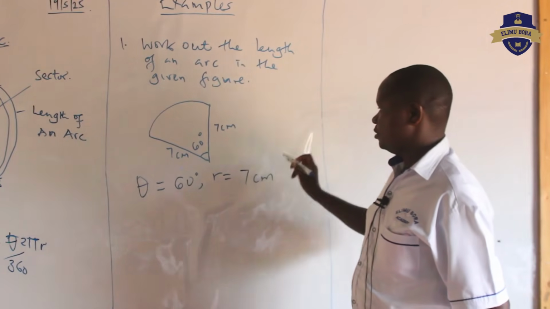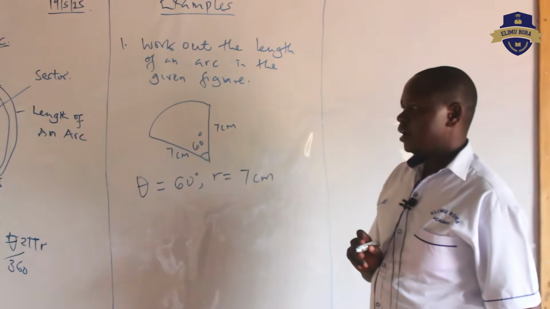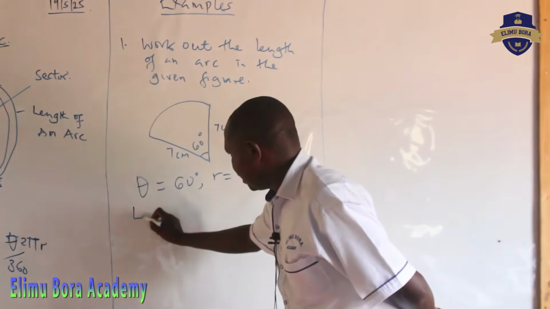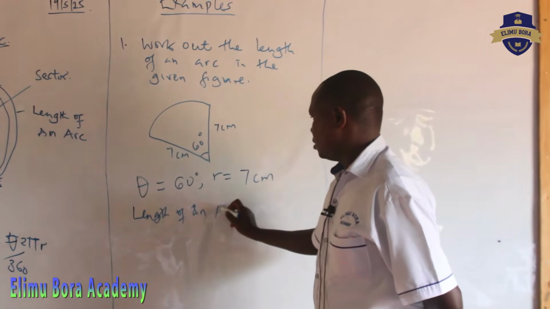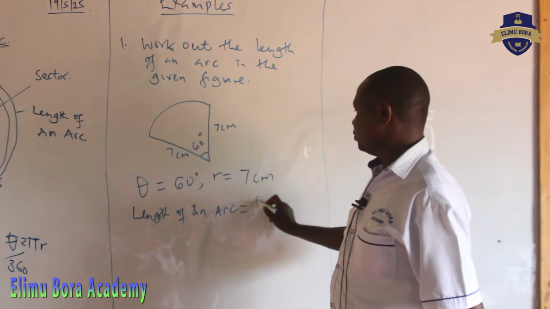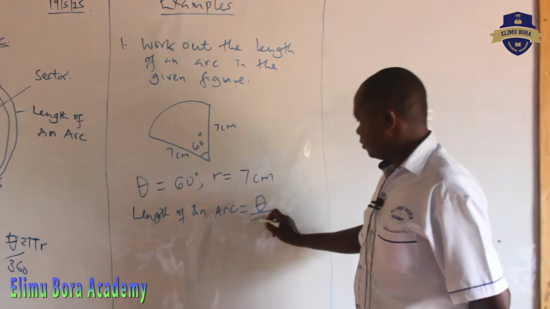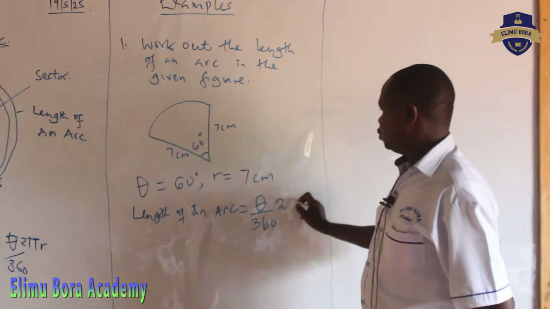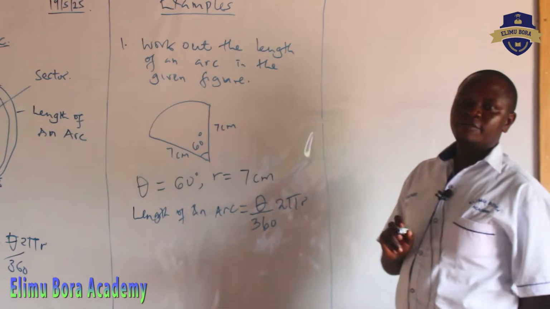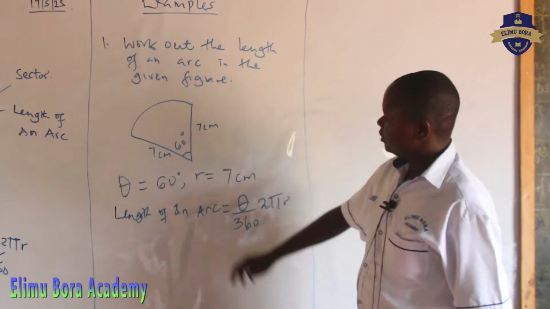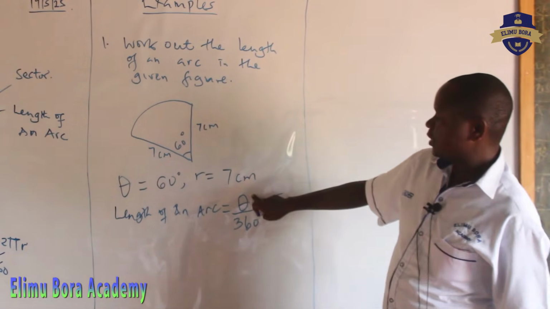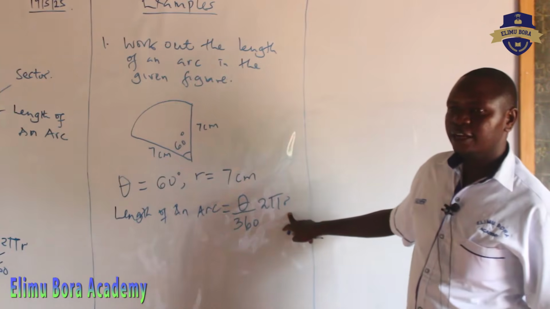7 centimeters. Now, length of an arc is given by what? Is equal to theta over 360 2 pi r. Now, we substitute 60 where there is theta and 7 where there is the radius.